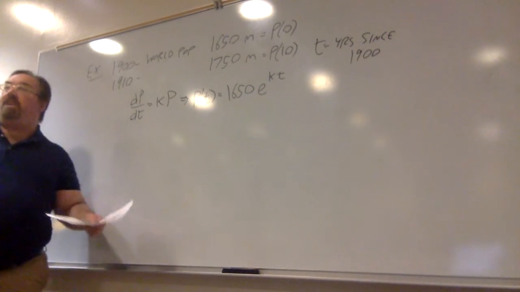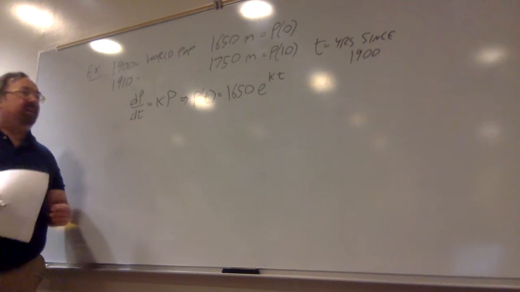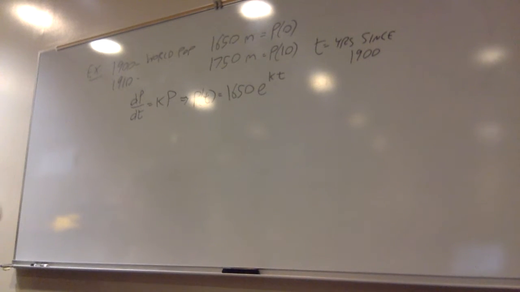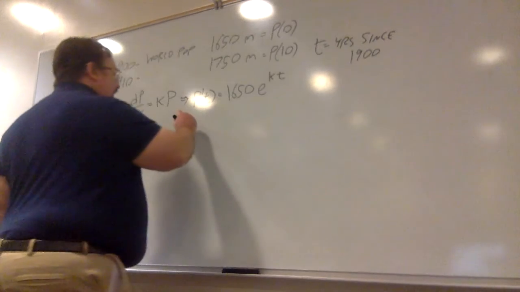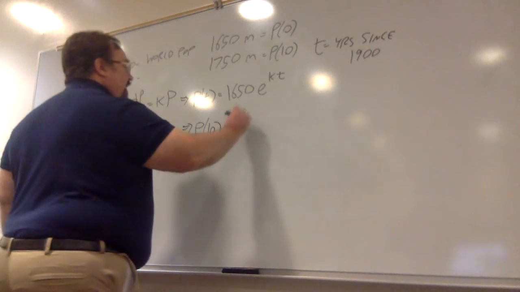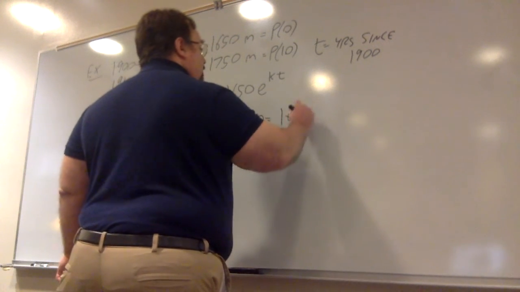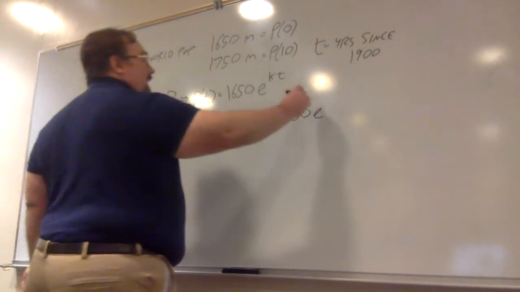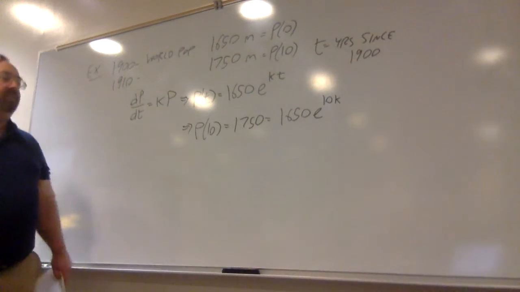That's just a convenience, so that t equals 0 refers to whatever starting point we have, just to simplify the algebra. So we use this information to figure out what k is. So P of 10, which is 1750, is 1650 e to the 10k, because we're plugging in 10 for t.